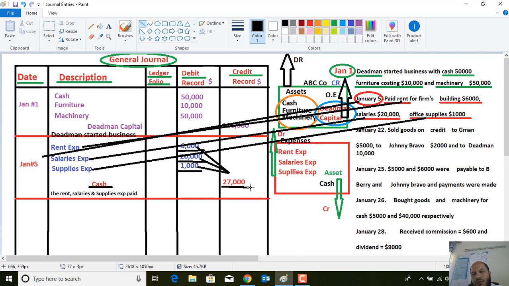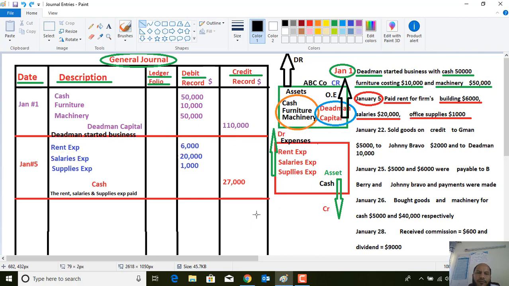So that's why we recorded 27,000 at the credit side, because it is a decrease in the asset account. Okay, great, dear students. I hope that you have understood it.